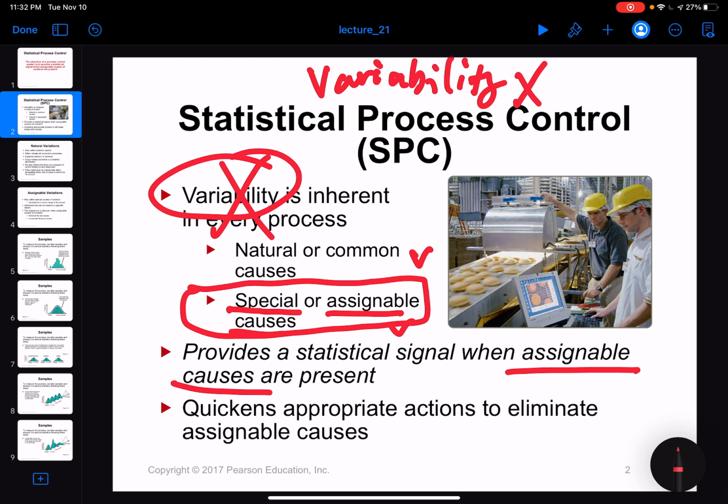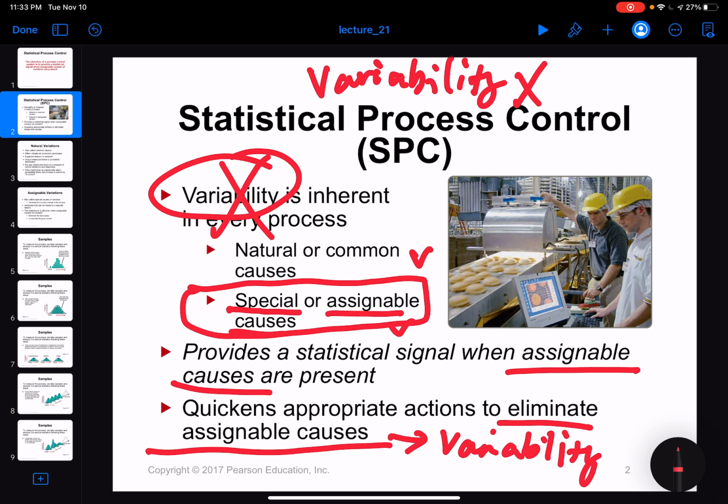And you can, I would not say totally, but mostly eliminate them entirely. I use the word eliminate because these things cause variability, which is not my favorite thing. Variability is trouble.